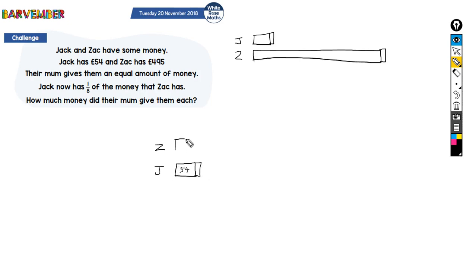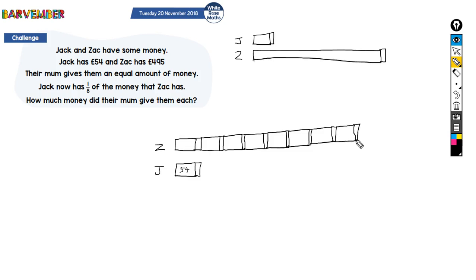So we're going to draw a block. If I was really clever, I'm sure there's a way to copy, but I don't know how to do it. Okay, there we go. That's 2, 3, 4, 5, 6, 7, 8.